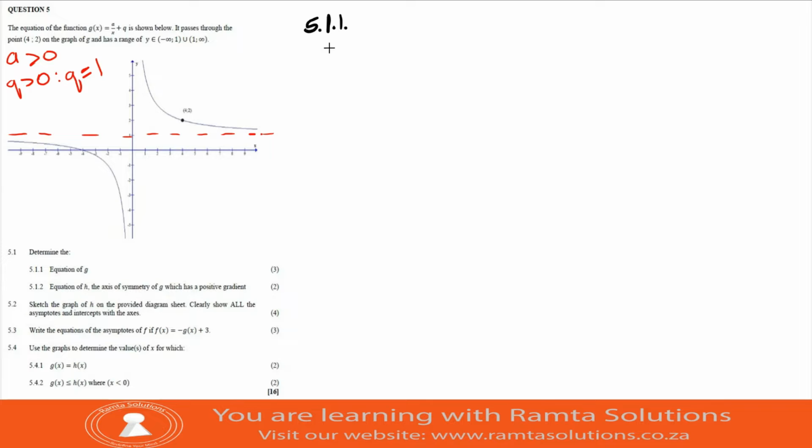5.1.1 says determine the equation of g of x, which is g of x equals a over x plus q. We just showed you that q is 1. There is a point that this graph passes through, which is (4, 2).